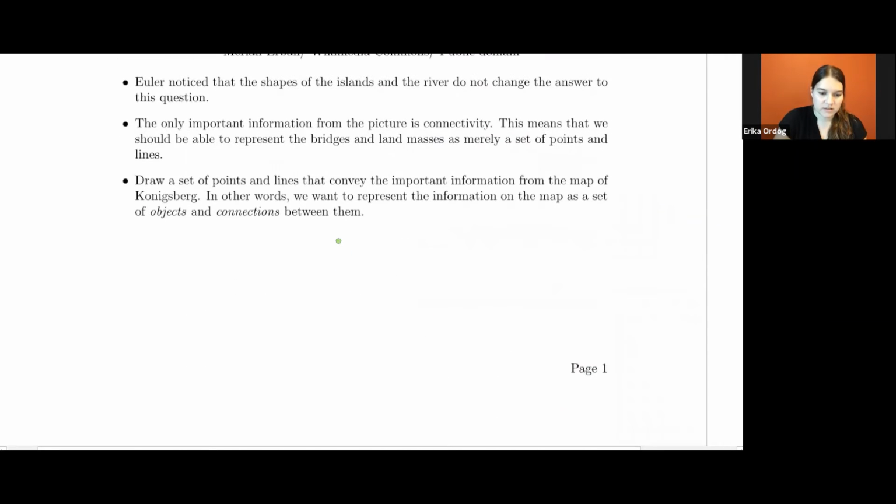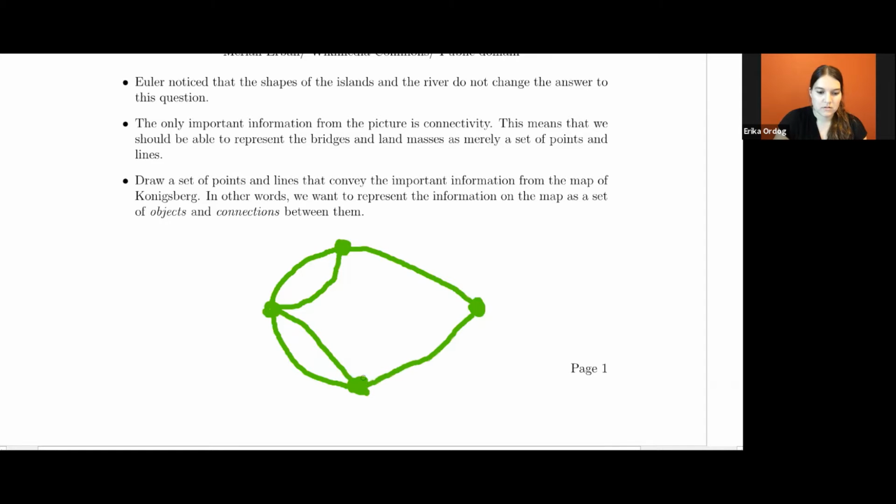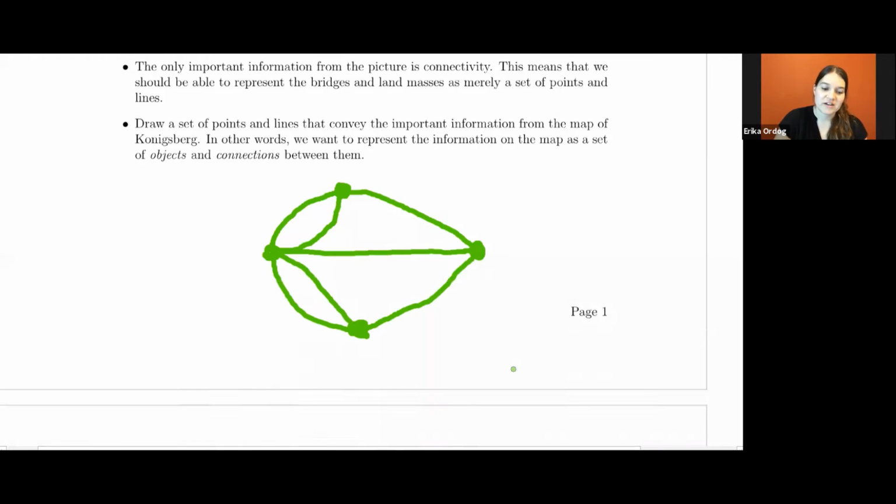We can redraw this down here. We have our 4 vertices representing the 4 land masses, and we have our 7 lines representing the 7 bridges. And by doing this, Euler invented what's called graph theory.